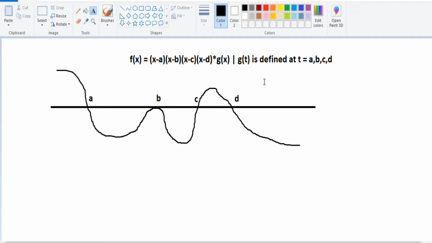It could be anything, but basically g of t would be defined at t equals a, b, c, and d.